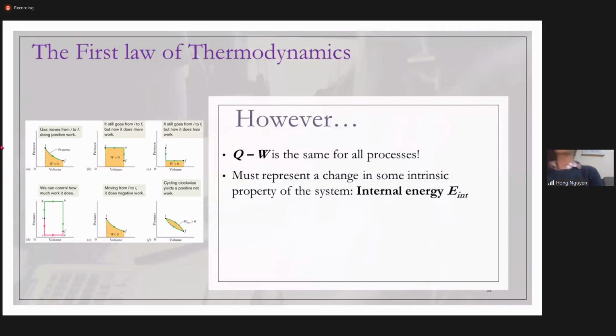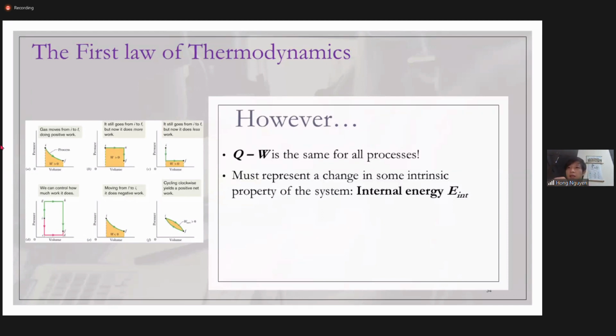So to summarize for today, we have seen together some terminologies which are very important. When we talk about the process, you understand what the process is. When we talk about the heat and the work, we should remember the sign.